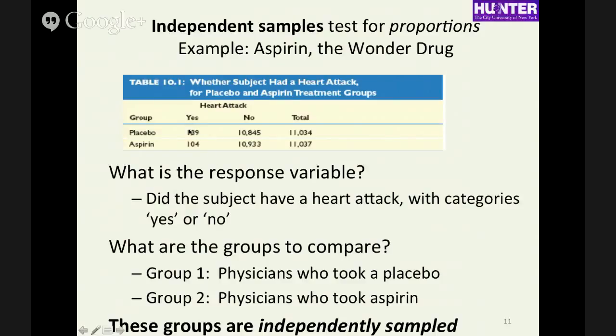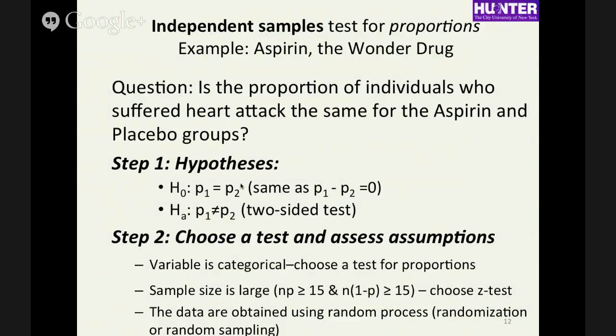This, by the way, is a highly significant difference. But so we're going to set this up actually as a proportion. You could do this with a chi-square test, but you can also do it using a test of two proportions. We'll come to the same conclusion either way.